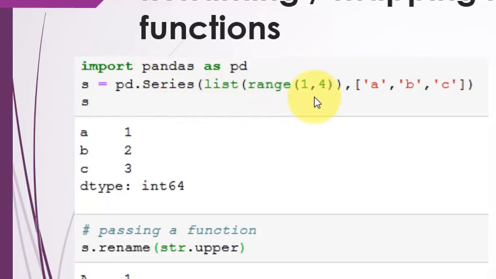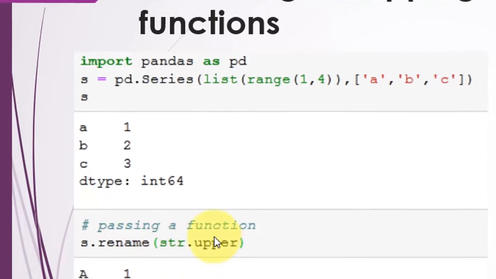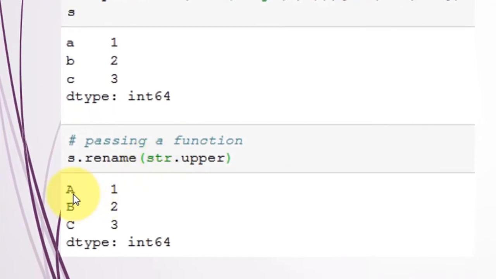It contains only 3 elements, 1, 2, 3, with the labels a, b, c. Next statement, I have used s.rename, and I have passed the function name str.upper. It performs on each and every index and changes the index to uppercase. So I had an index in lowercase and I have made it uppercase.